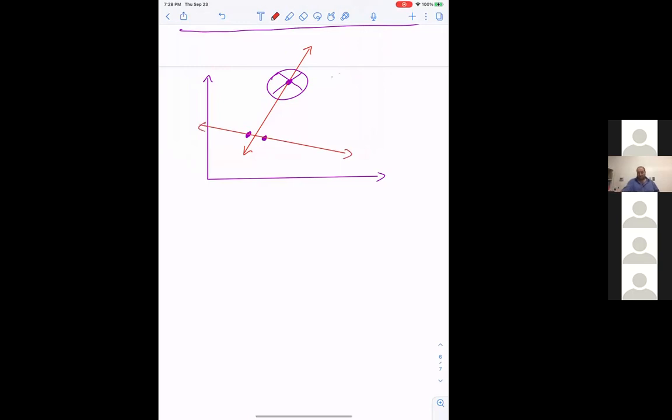Which means this guy here had a huge effect on my best fit line. Having or not having that one has a tremendous effect on the best fit line. Would you agree? Yes.